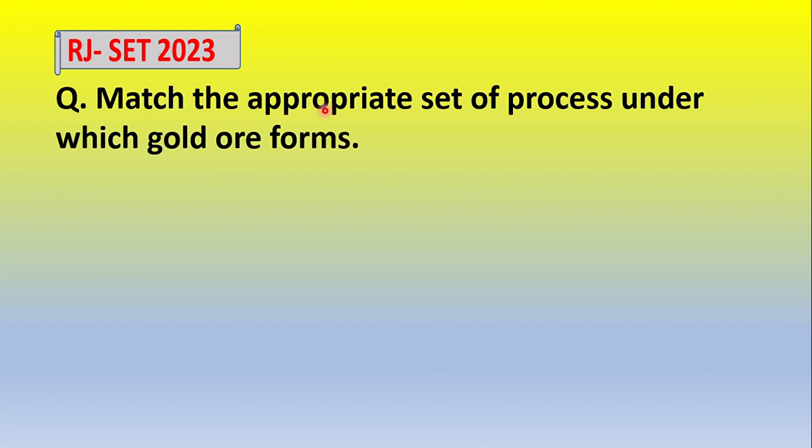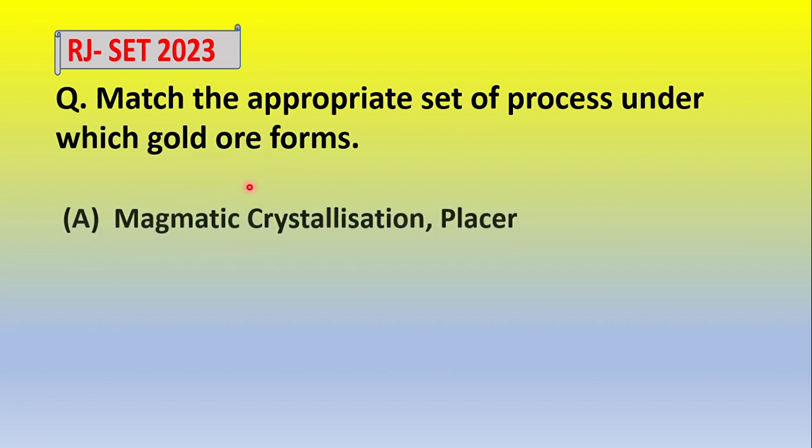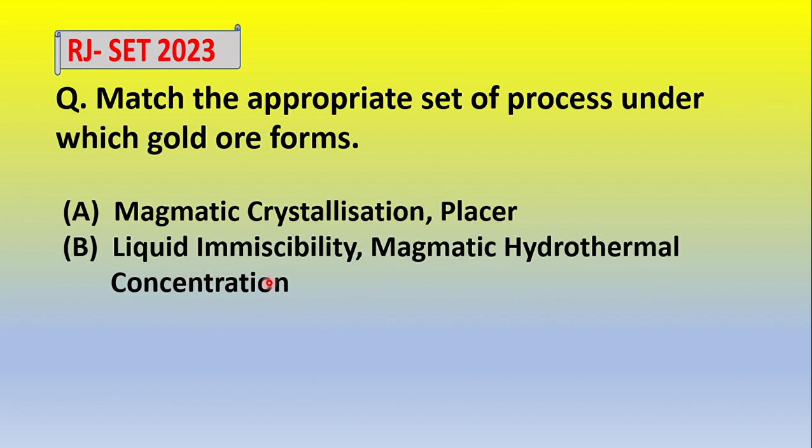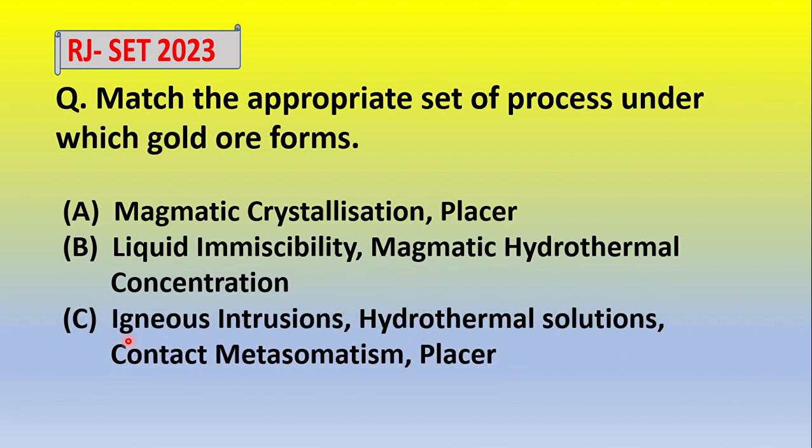Next, match the appropriate set of the process under which gold is formed. Option A, magmatic crystallization or placer. Option B, liquid immiscibility, magmatic hydrothermal concentration. Option C, igneous intrusion, hydrothermal solutions, contact metasomatism or placer.